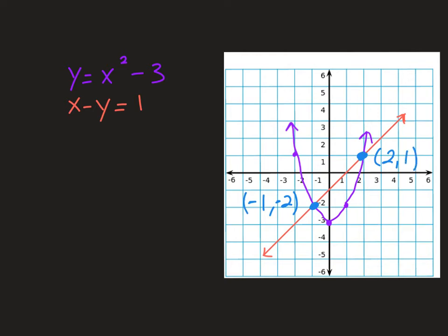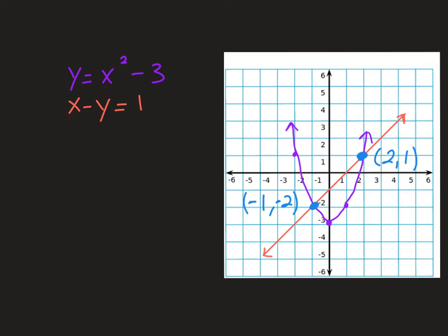So it doesn't have to cross in more than one spot, but it certainly could, as it does in this case. So this time I have 2 different solutions. And notice there is an x and a y for one of the solutions and an x and a y for the other solution. So technically there's kind of like 4 numbers to solve for the 2 coordinate point solutions.